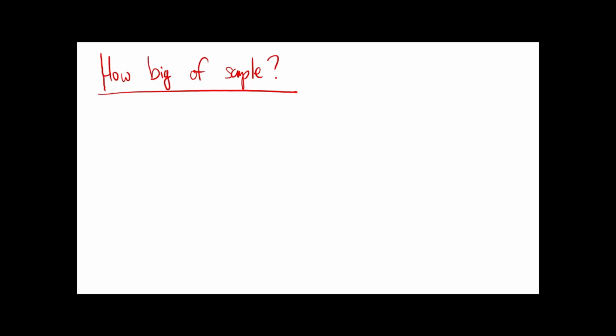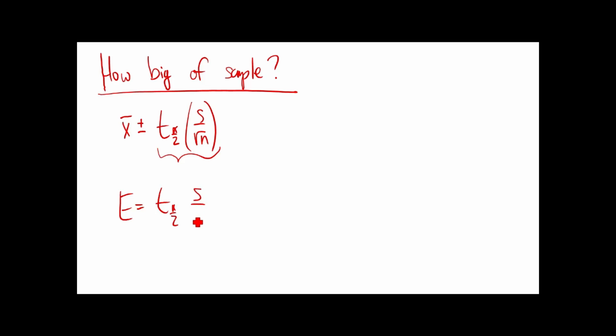Roughly. So what we do is, you think back to this formula, right? This portion right here, this is our margin of error. So our error is T alpha over 2 times S over root N. But there are some practical problems here with solving for N in this case.